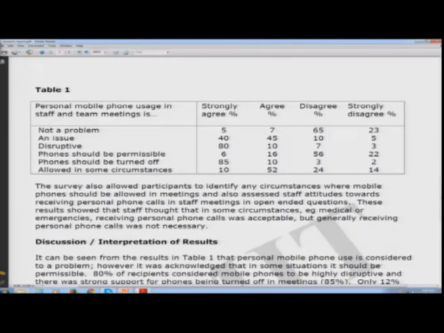So, you can see here allowed in some circumstances. Some examples included medical or other emergencies. Here you can also see that 80% of people strongly agreed that mobile phone usage in meetings is disruptive.